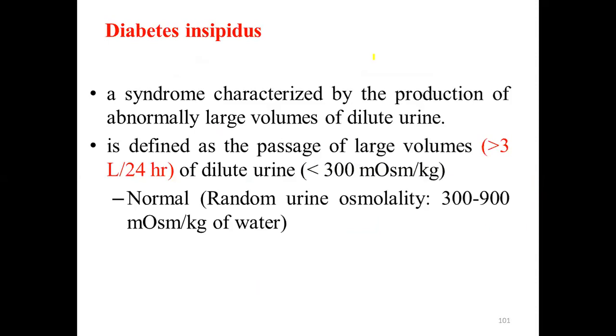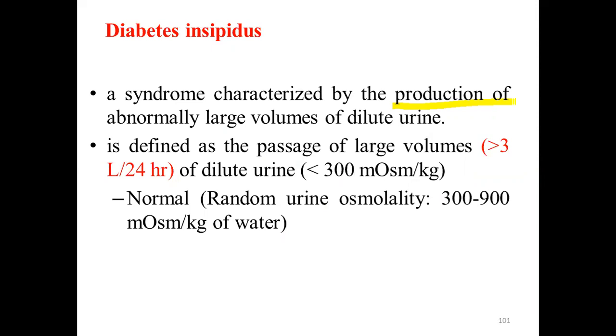Diabetes insipidus is usually characterized by production of a large volume of diluted urine. The urine is diluted because ADH is not able to absorb water from the collecting tubule, so the person passes a lot of urine.